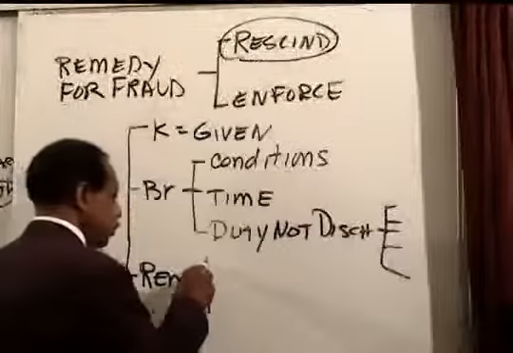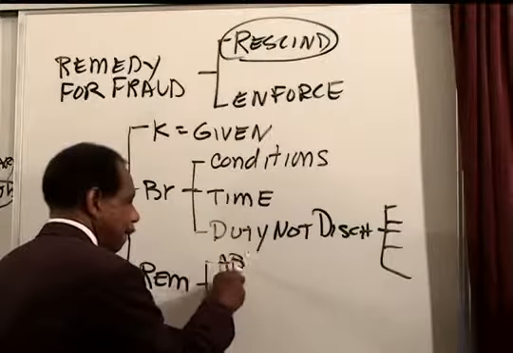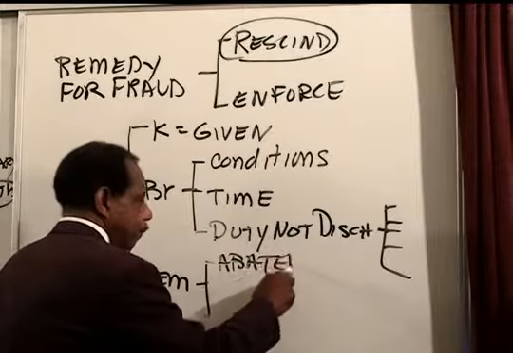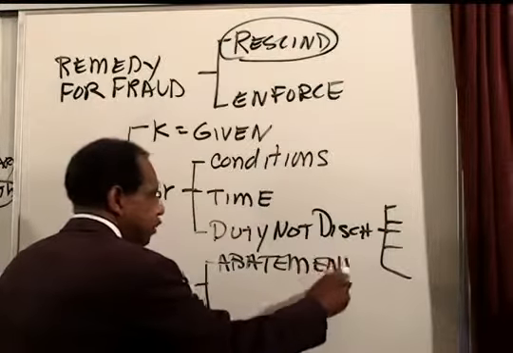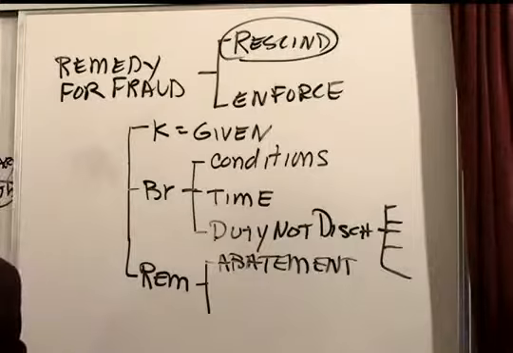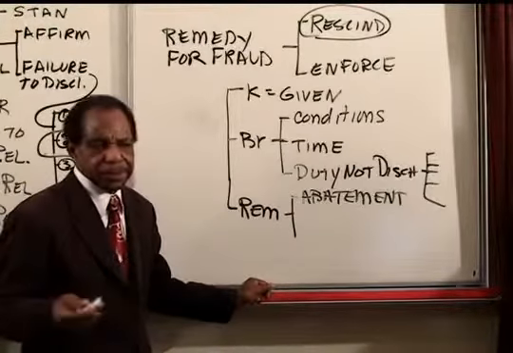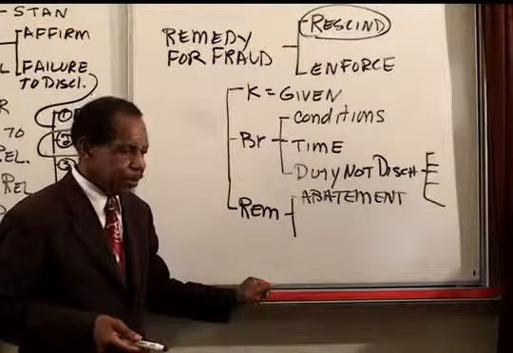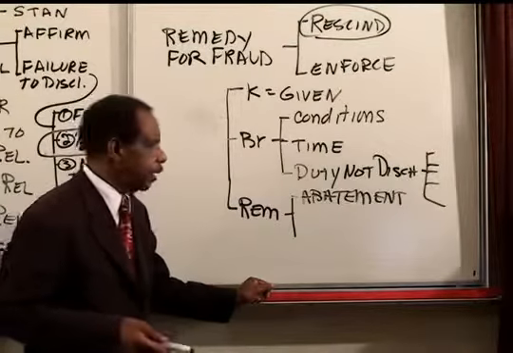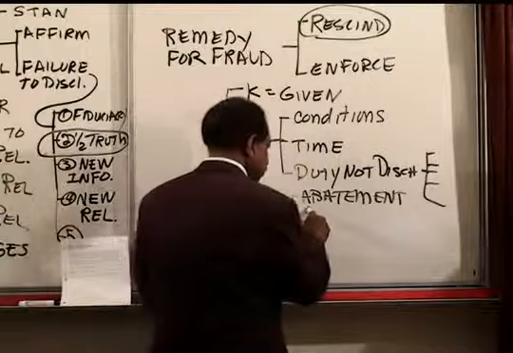So the remedy is going to be abatement of the purchase price. And in this case, 10 acres obviously is worth $10,000. The land was $1,000 an acre. So you get abatement of $10,000.